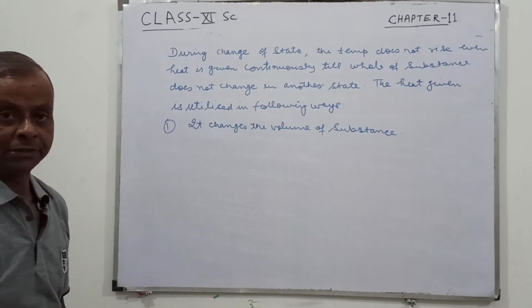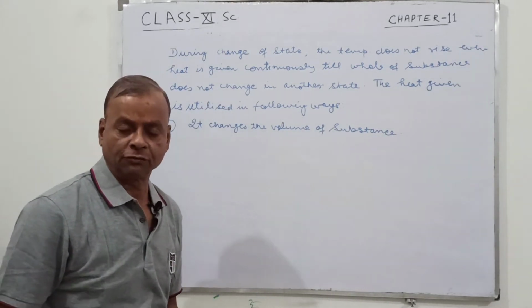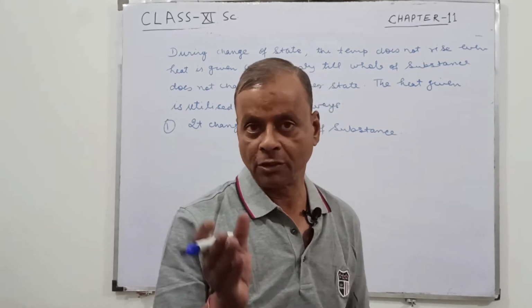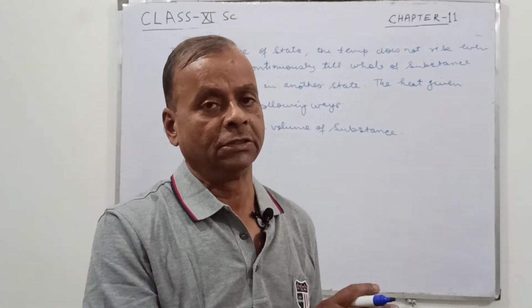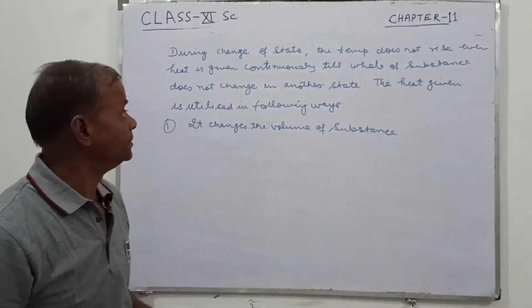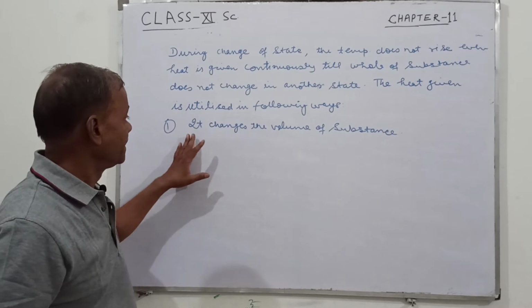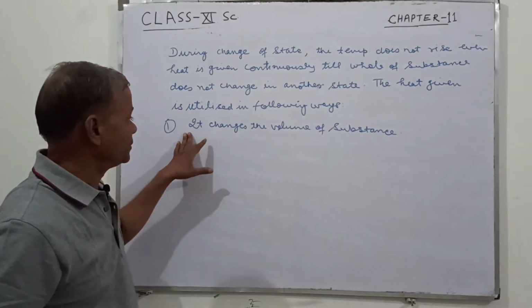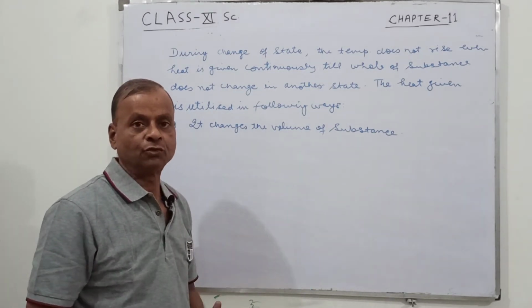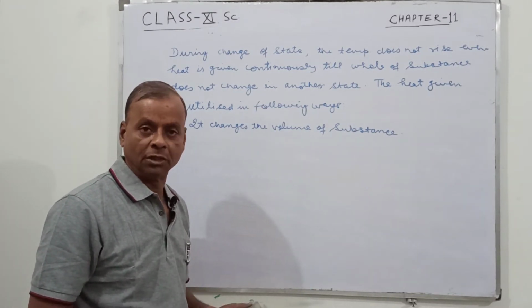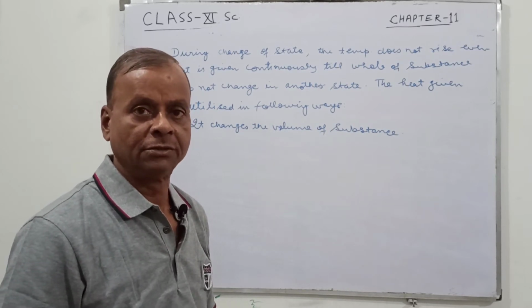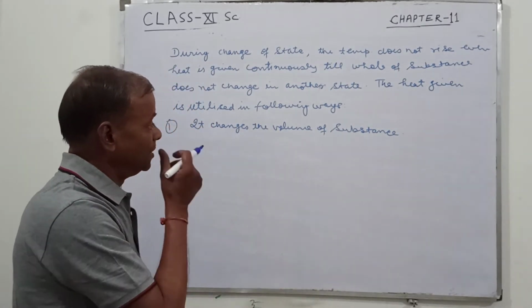You know that when the solid melts into the liquid, the volume increases, and when liquid changes to solid, the volume decreases. So during the phase transition, whatever heat is given, first it changes the volume of the substance. So it is used to increase the distance between the molecules of the substance.